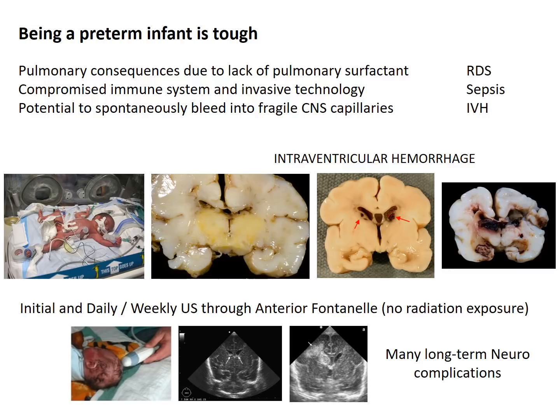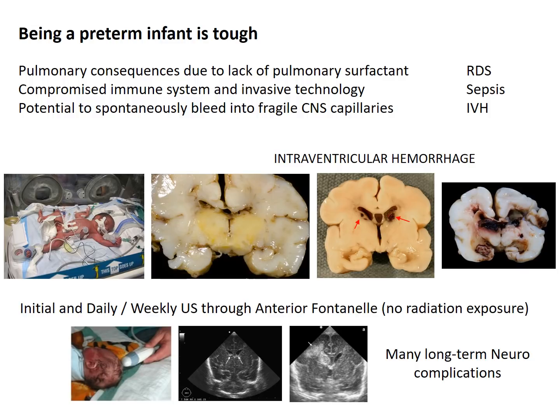And then they have very brittle, very fragile CNS capillaries, particularly capillaries surrounding the ventricular regions of the brain. And changes in blood pressure, changes in O2 concentrations, a lot of different things can lead the preterm infant to spontaneously hemorrhage into and around the ventricle.